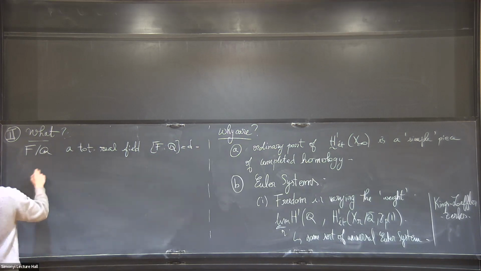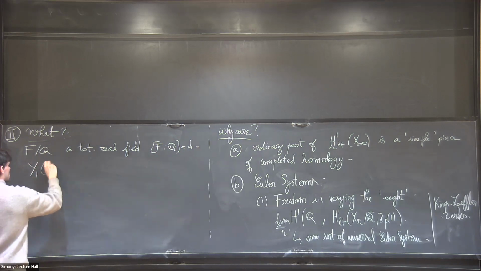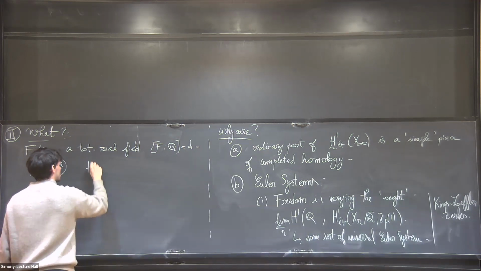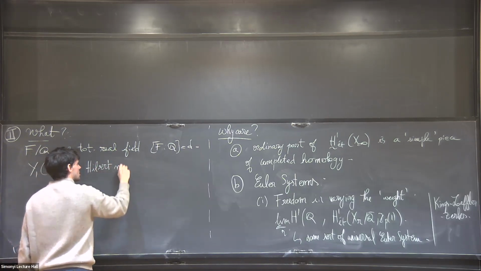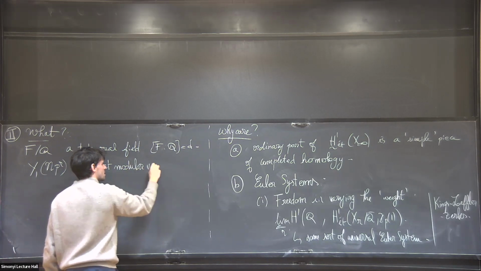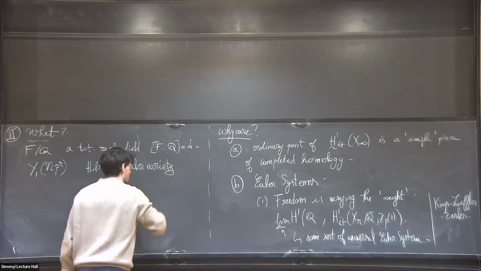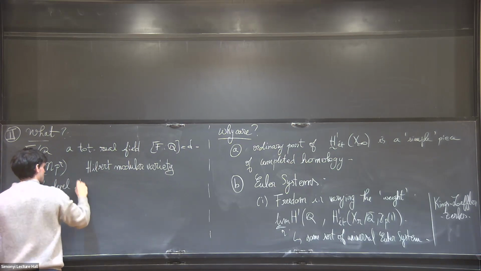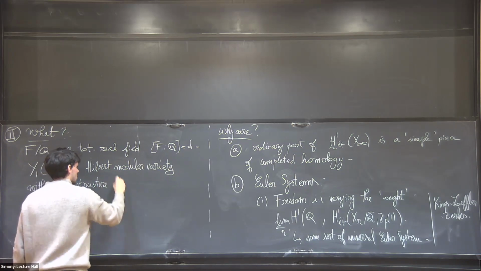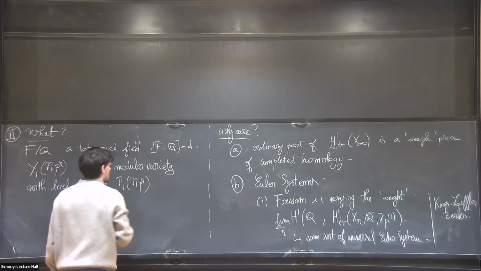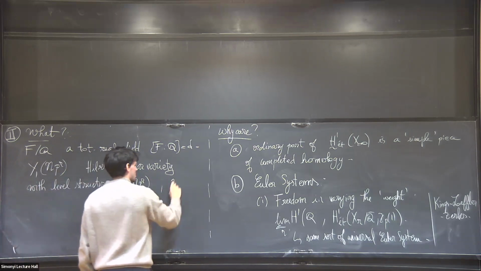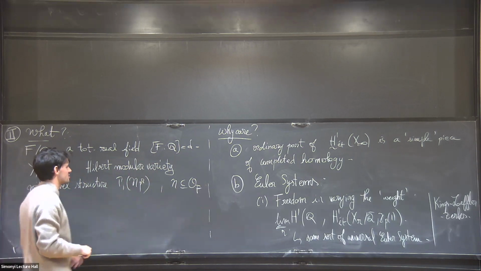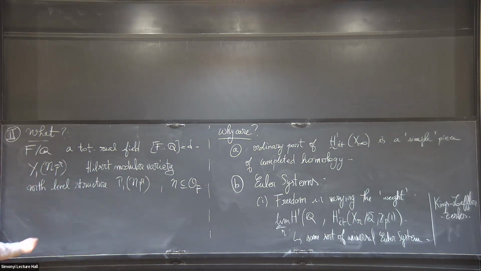Then I have, as before, Y1(n, p^r), the Hilbert modular variety with level structure Γ1(n p^r), where n is some ideal in the ring of integers of F. This level structure is the obvious generalization of the one for the GL2 over Q case.